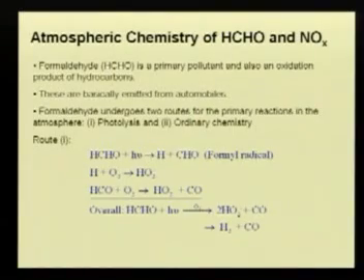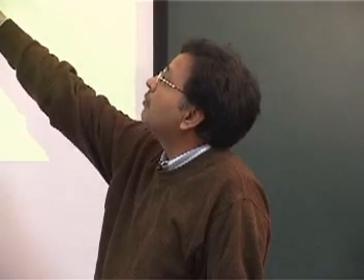Again, we took the example of CO, we gave another example of HCHO, and again what we get is HO2. Once we are getting HO2, we are again forming HO2. What is this route 2 business?